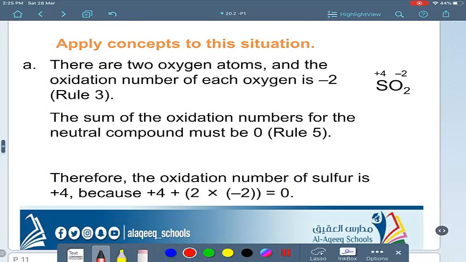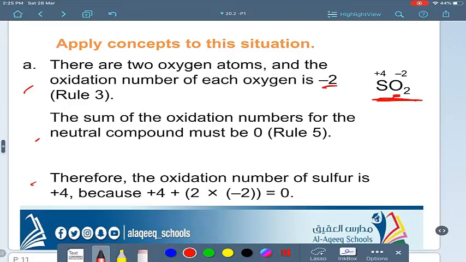First, to answer this, you have to remember the rules. You don't need to write these rules as I write here, but just remember them and apply them while answering the question. Look, SO2. First, what about oxygen here? We have 2 oxygen atoms here, and its oxidation number is negative 2 because it's not a special case of peroxide.